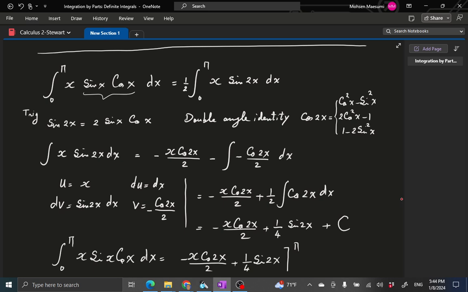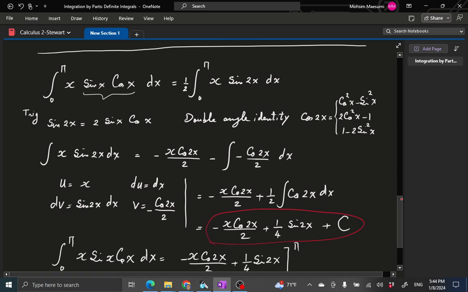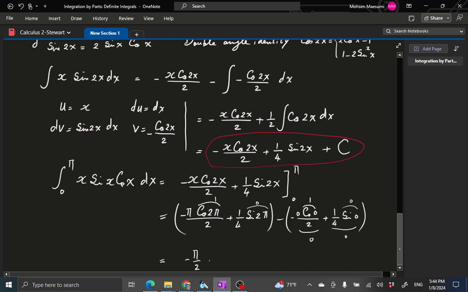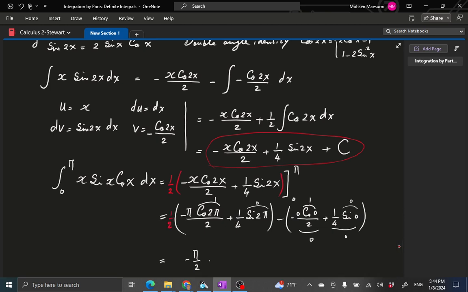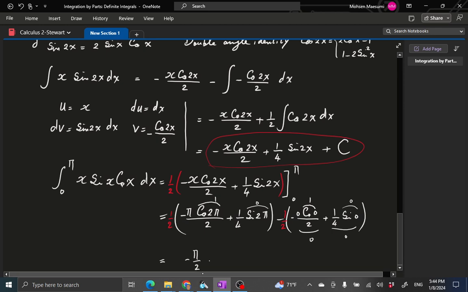So whatever I calculated here was for this integral, and I have to multiply it by a factor of 1/2, so I have to have a factor of 1/2 in front of all of this, and that means a factor of 1/2 in front of everything I had here, and a factor of 1/2 in front of what I have here. So it all boils down to minus pi over 4.